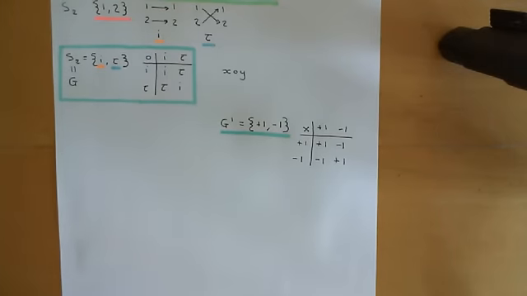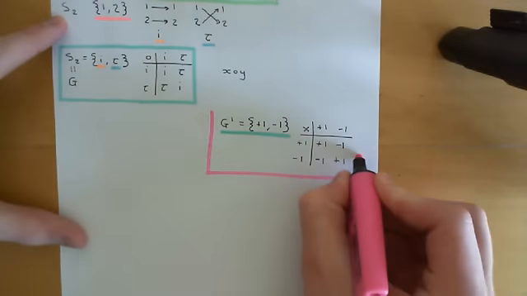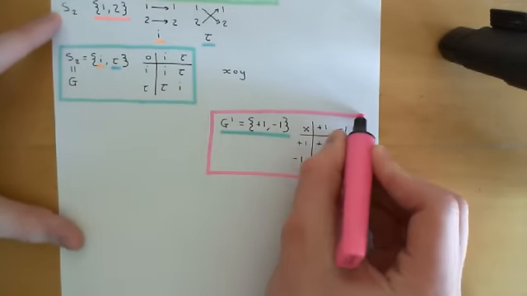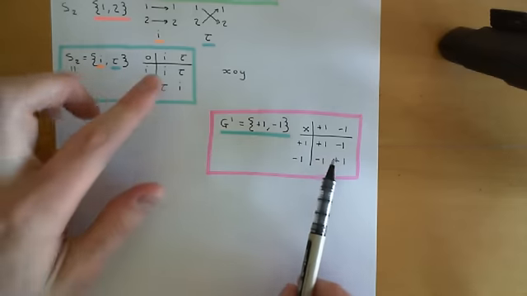Okay, now that does form a group. G prime is a group. It's a set of symbols with a composition law defined on it, and this composition law does obey the axioms of group theory. Okay, so I've got these two different groups here. Now have a look at them. Are they really that different? Look at these composition tables.